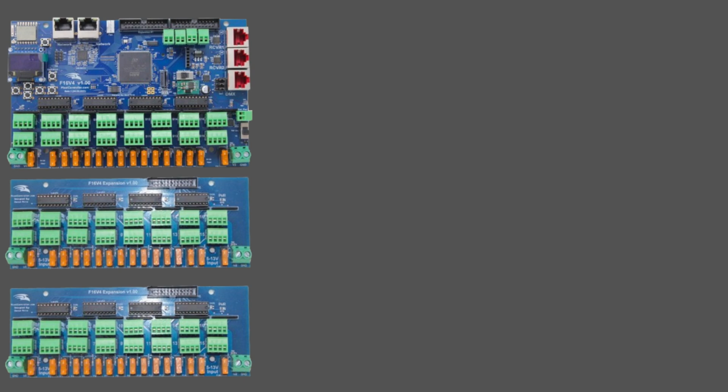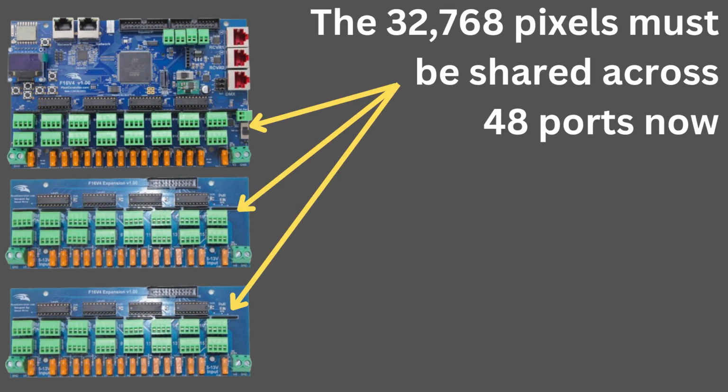Now, if you do add a second expansion board, you will have to pay by splitting up pixels to use that, because the controller already reached the maximum amount of pixels it could use when you added the first one. So when you do add this second expansion board, you're going to have to split up the pixels across the 48 ports you will now have.